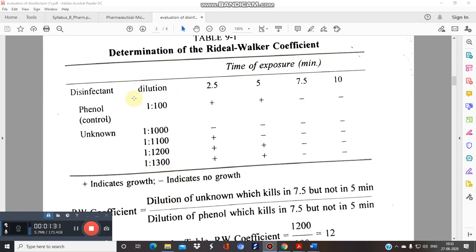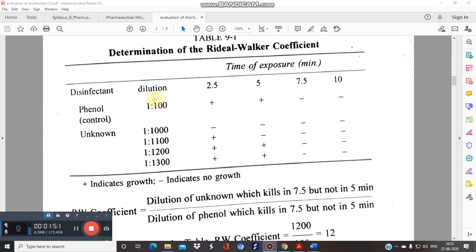We will add this dilution to the culture media containing the Salmonella typhi bacteria, because we have to test the efficiency of the disinfectant.